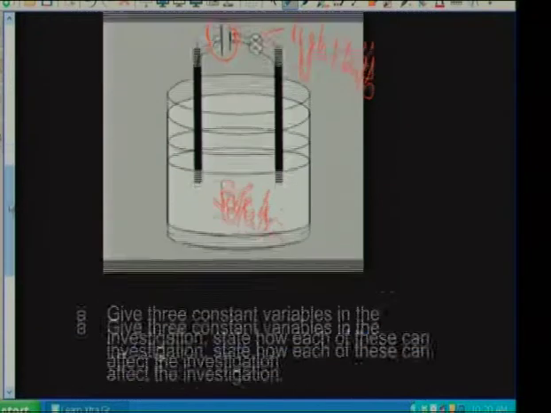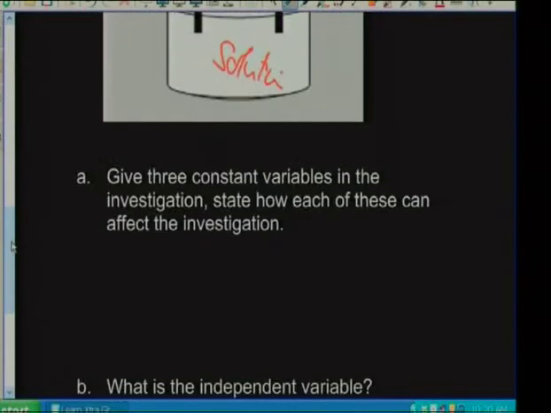Now, the first thing that we're asked is to give 3 constant variables in the investigation and state how each of these can affect the investigation. Now, we've tried to be quite careful here in making sure that this situation is kept constant, that it is a fair test. When they ask you for the constant variables, we need to think about these.